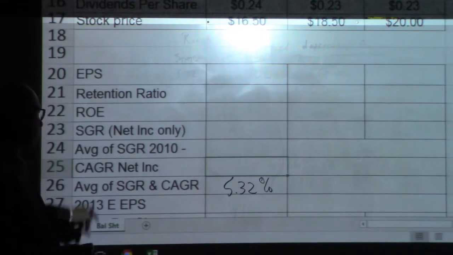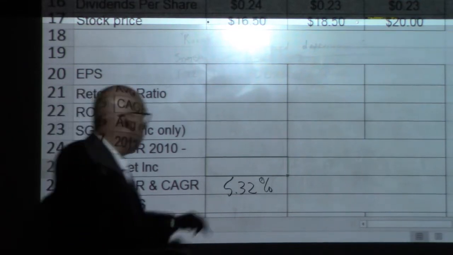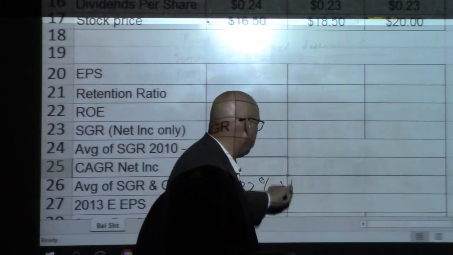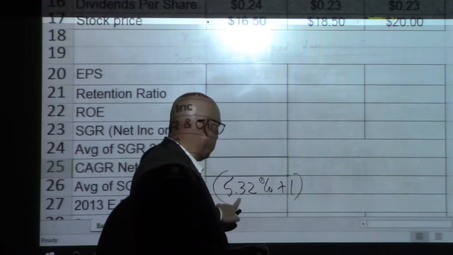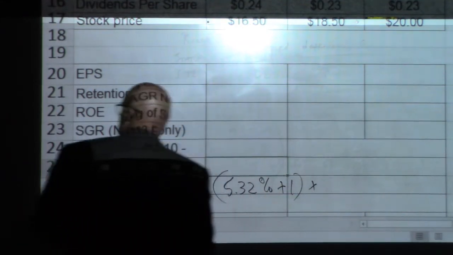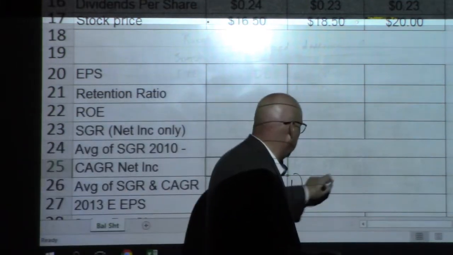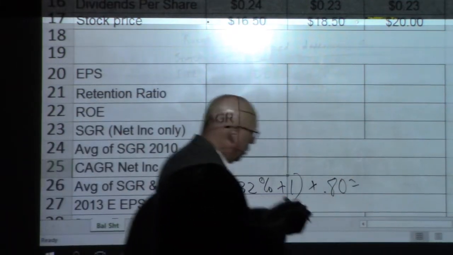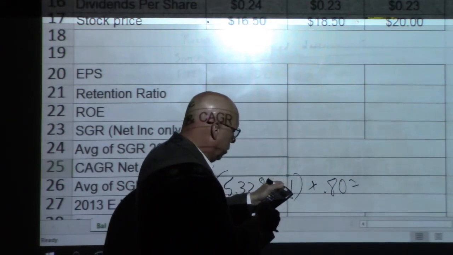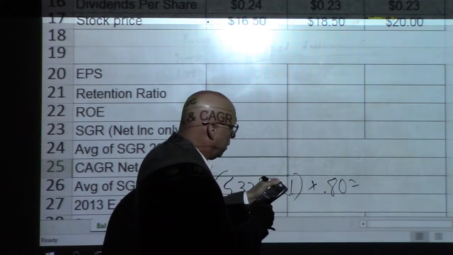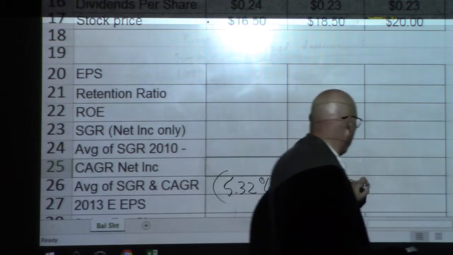Let's use that number to forecast earnings per share. So 5.32% plus 1, the growth rate, times last year's number of 0.8. So 1.0532 times 0.8 is equal to 0.84.